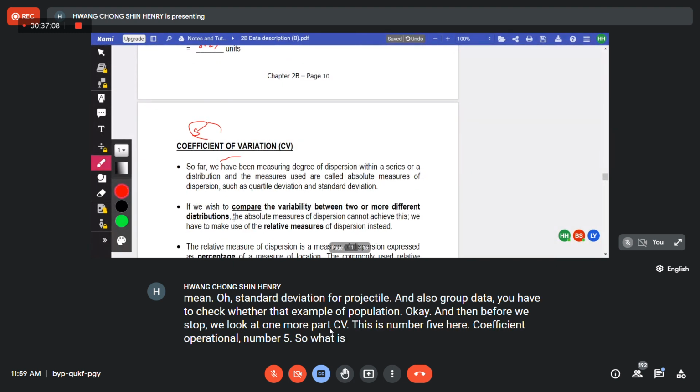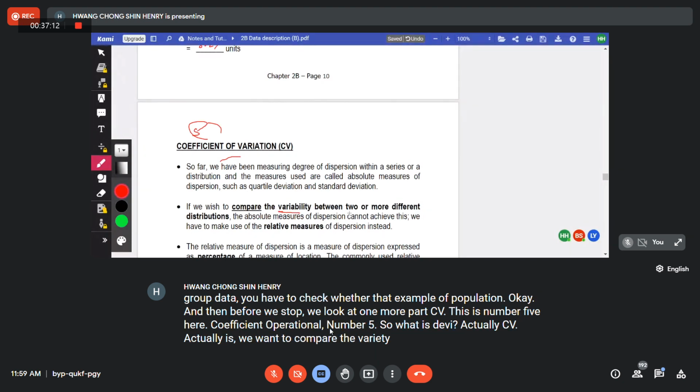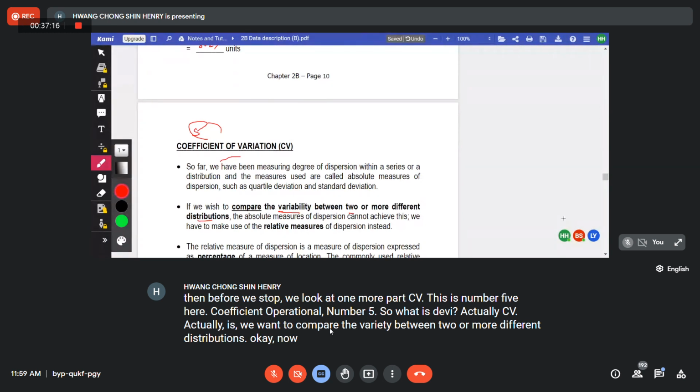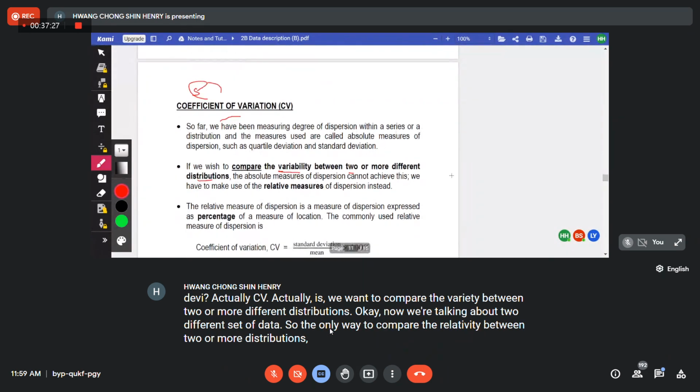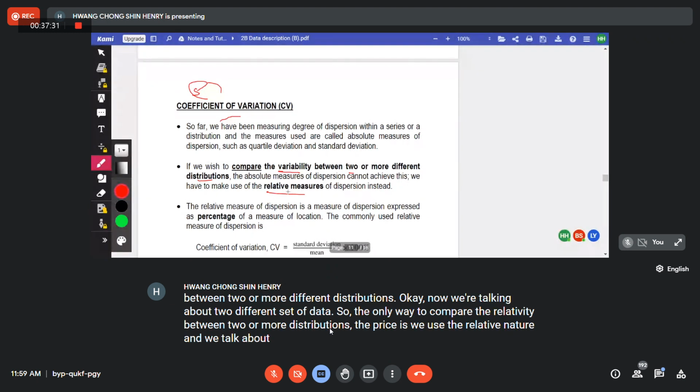So what is CV actually? CV is used when we want to compare the variability between 2 or more different distributions. Now we're talking about 2 different sets of data. The best way to compare the relativity between 2 or more distributions is to use a relative measure. When we talk about relative measure, we change it to what?